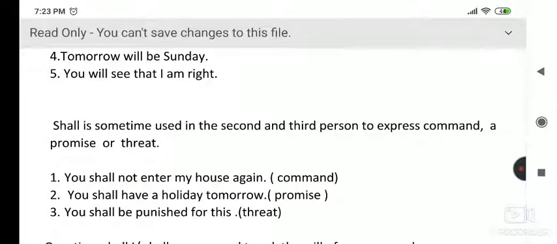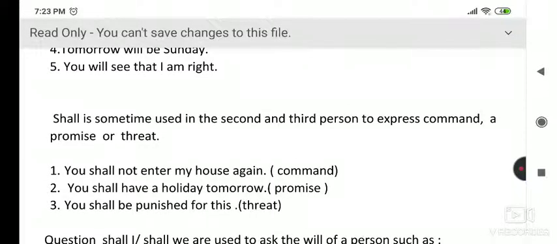Sometimes shall is used in the second and third person to express a command or a promise. For example, you shall not enter my house again. It expresses the command in the sentence with the help of shall. Another sentence is you shall have a holiday tomorrow.